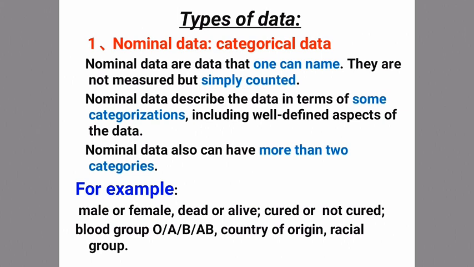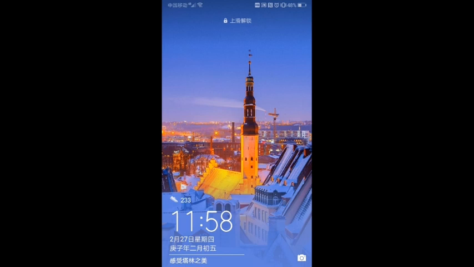You just choose one. Maybe type A, maybe type B. For all the students in your class, someone is A, someone is B, someone is AB or O. Now, we count out the number of students in each blood type. Maybe type A is 26, type B 32. Maybe it is also nominal data, but it has four categories, more than two categories.